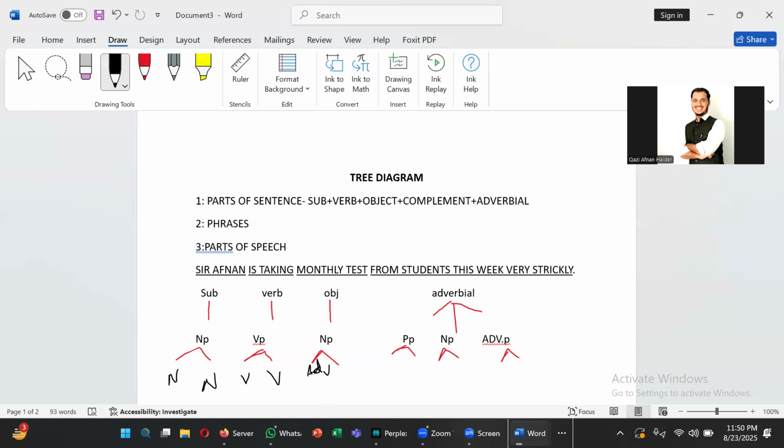And here test is a noun. Test is a noun. From is a preposition. Student is a noun. This week, this is a pronoun, a demonstrative pronoun. Week is a noun. Very is an adverb. Strictly is also an adverb. Are you getting the point? So these both are adverbs.